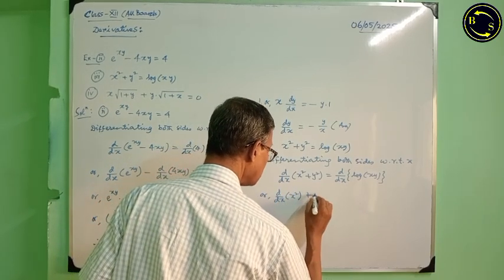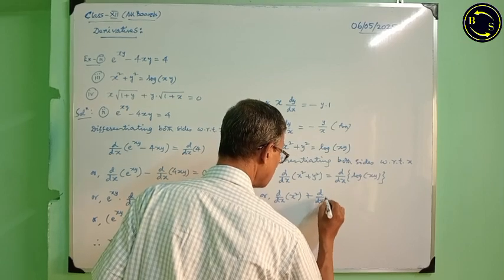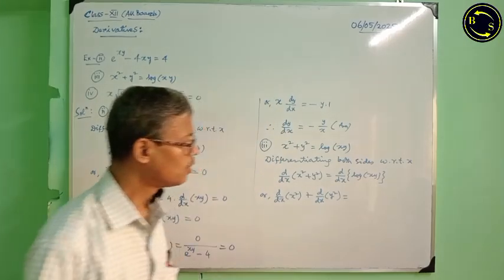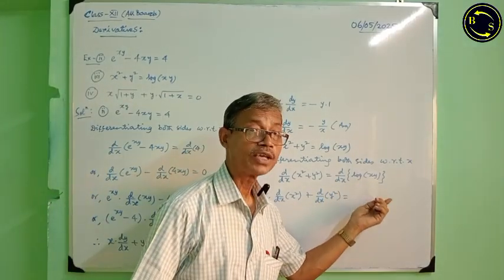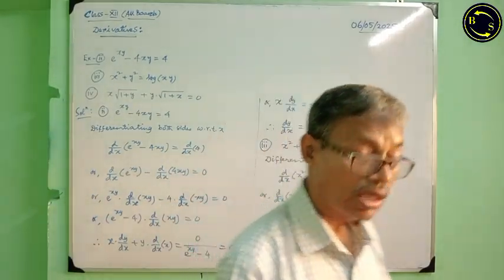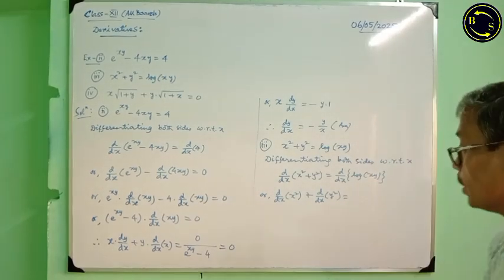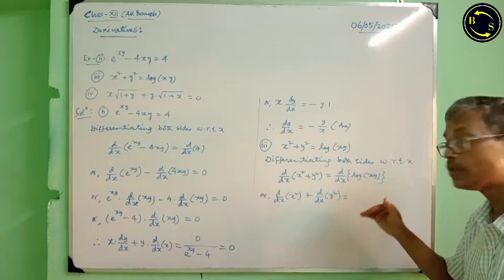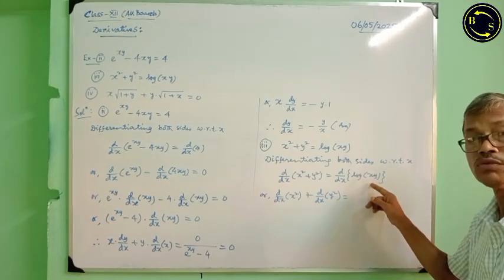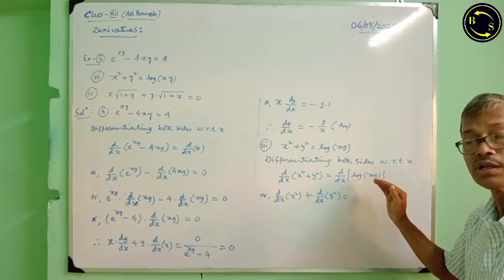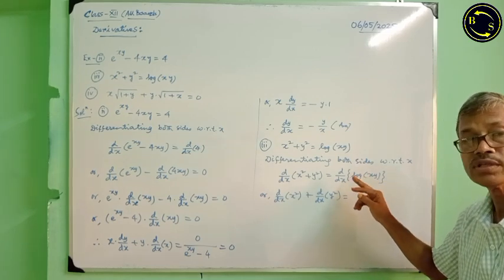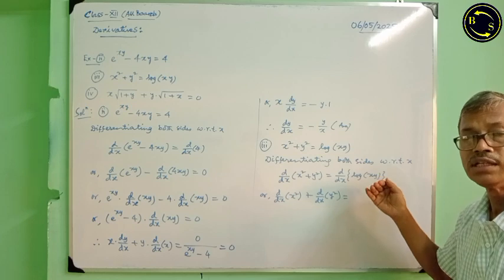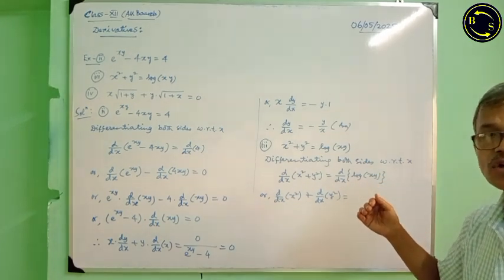Or d/dx of x square plus d/dx of y square is equal to, now we note log of xy, that means function of function form. That is why we have to take xy as a new variable, say u, that means log u. After taking log u, you have to differentiate with respect to u. Chain rule is applied. Chain rule is very important.